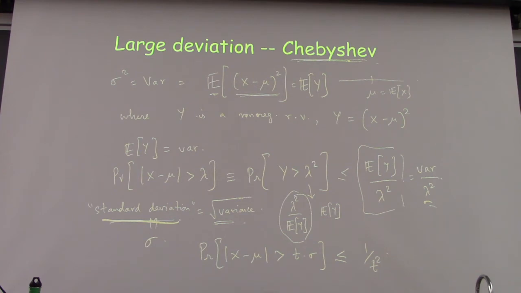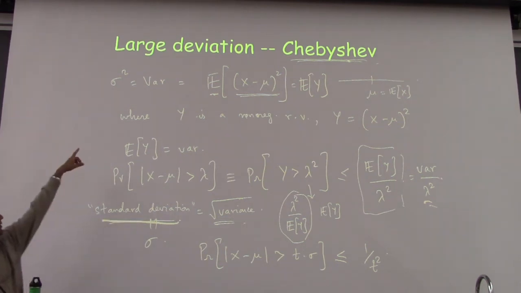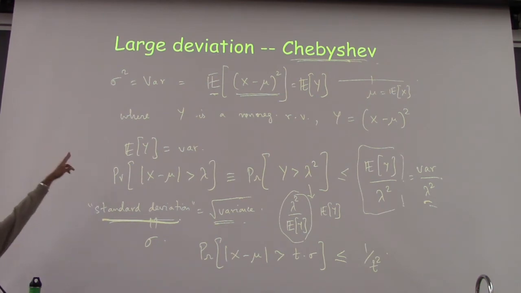What's that at t times what on the last line? Sigma. So I'm defining sigma to be the standard deviation, and so sigma squared is the variance. So I'm just introducing some notation. That's the standard notation for variance. People usually write the standard deviation as sigma.